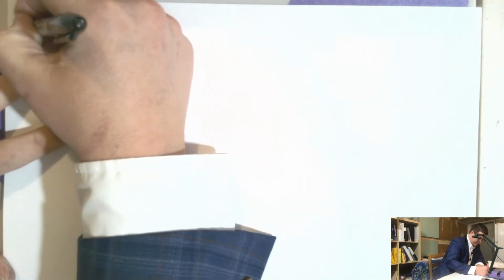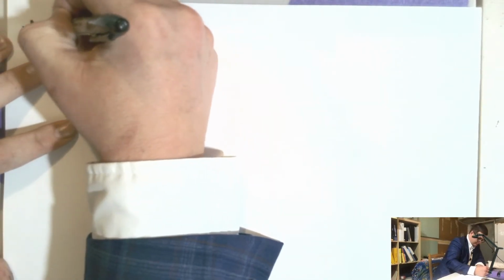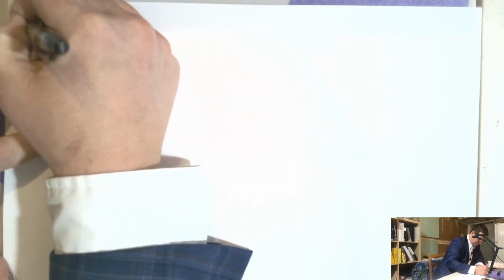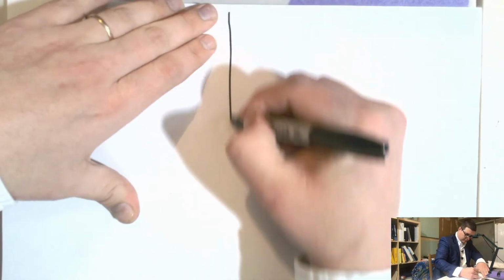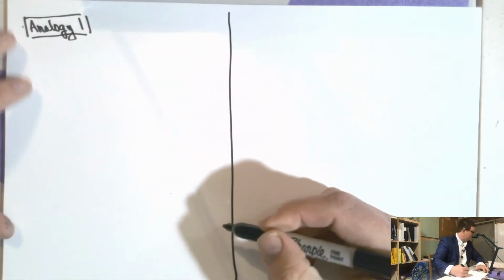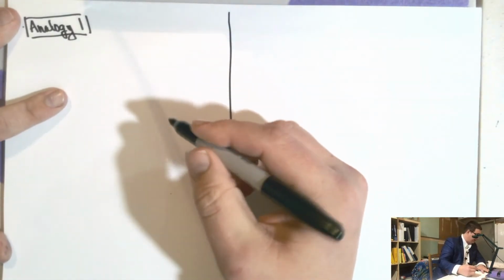So there are a couple of ways in which these two constructions are analogous. Analogy 1: this is going to be the Kodaira-Spencer.